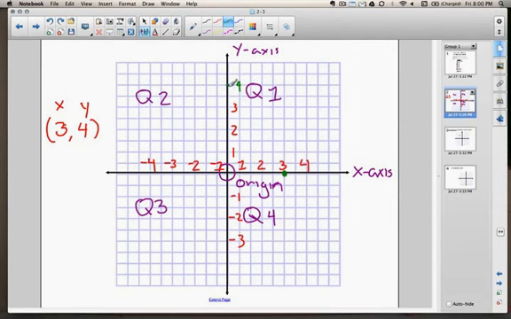And then what we're going to do is we're going to come over, and we're going to go up, and where these 2 intersect, this is that point on the coordinate plane. This point right here is 3, 4. So you go over on the x-axis first, and then you go up or down on the y-axis second. You do the x-coordinate first, and then the y-coordinate.